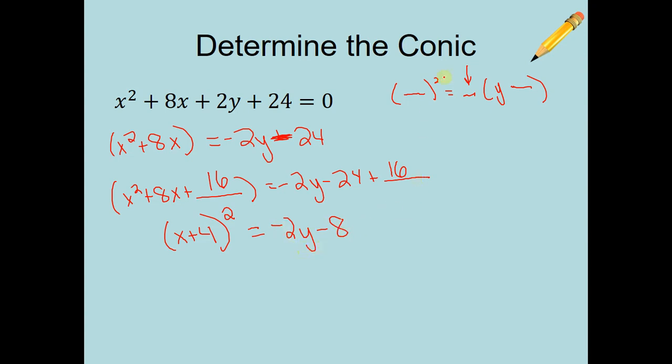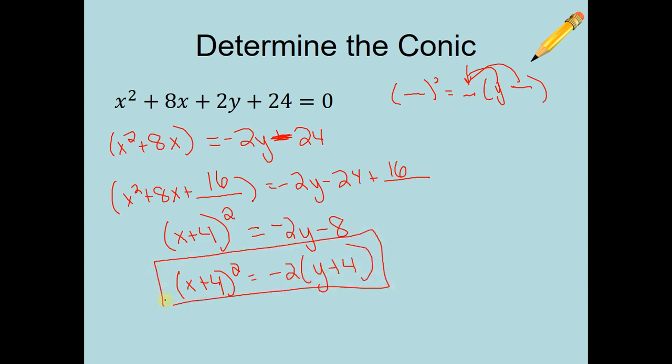I need to undo that distributive, because right now it looks like there was a distributive property that happened, right? Well, it looks like negative 2 is shared between those two, so let's factor that out. And that would be a y plus 4. That way it gets into the general form.